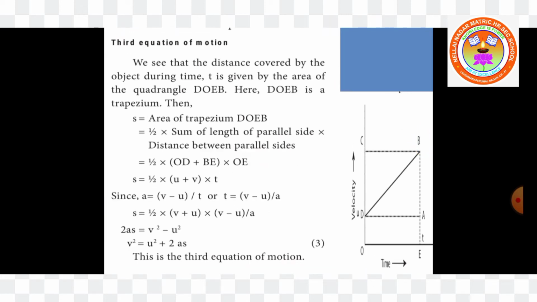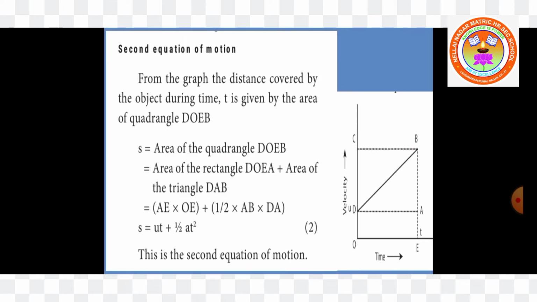Okay, students, right? So S means the distance traveled by the object. That is the distance covered by the object, which is equal to the area of the quadrangle DOEB.